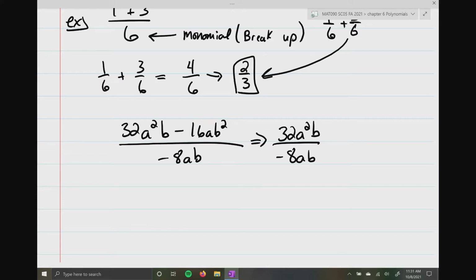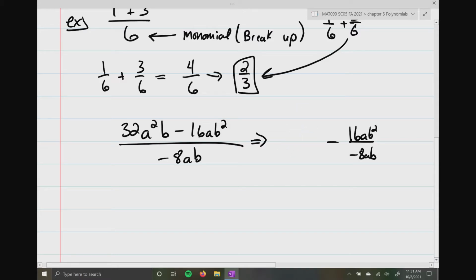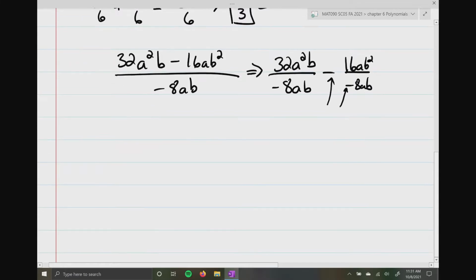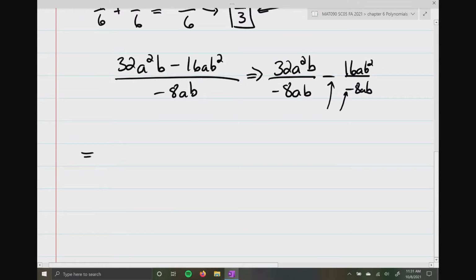And then you have that problem right there, which is negative 16ab squared divided by negative 8ab. So what we can do is simplify each one of these and then just write the answer. Now, I see something that's bothering me, and it's right here. I have a double negative back to back. So I'm going to rewrite that as a positive first.